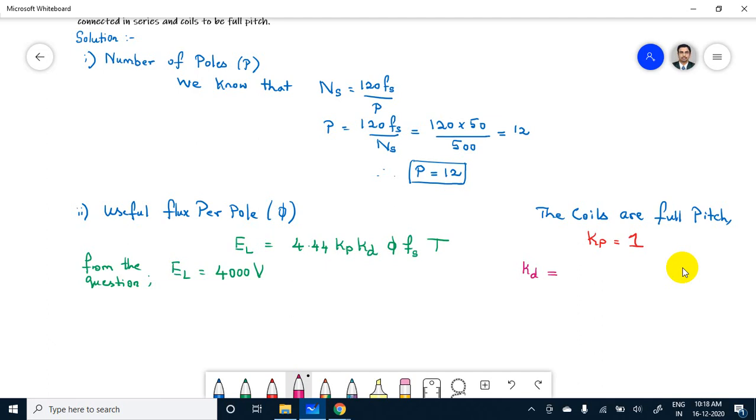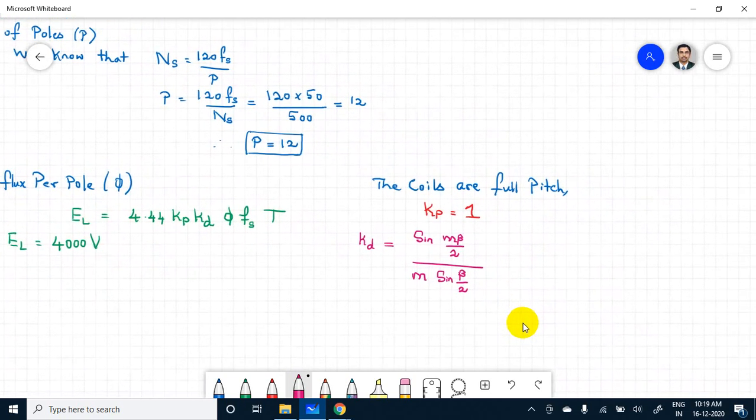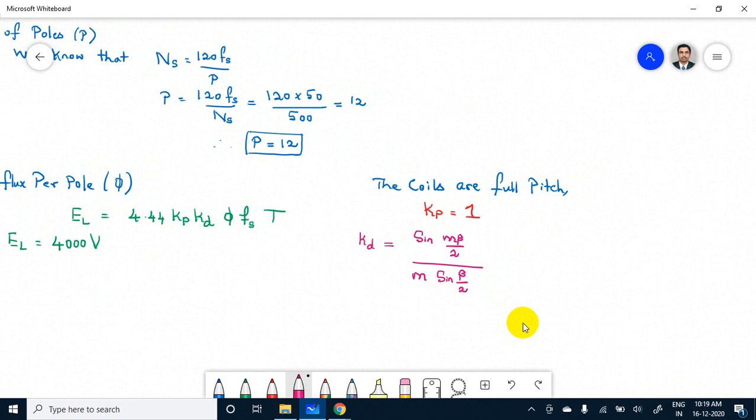Sine m beta by 2 whole divided by m into sine beta by 2, where m is the number of slots per pole per phase and beta is the angular displacement. You don't know what m is, what beta is. Now we are going to calculate m and beta. So m means, you know that, what is m? Can anyone tell me the m value?